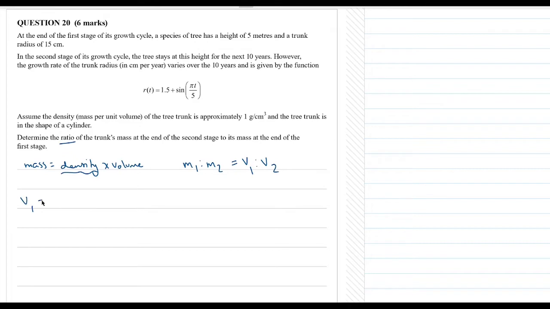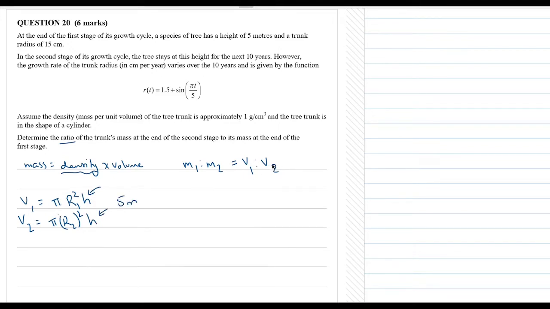And volume 1 will be given by πr²h, and volume 2 will be given by π, let's call this r1, by r2, the radius at the end of the second stage, squared, h. Now we're told that the height remains the same at 5 and π is the same.